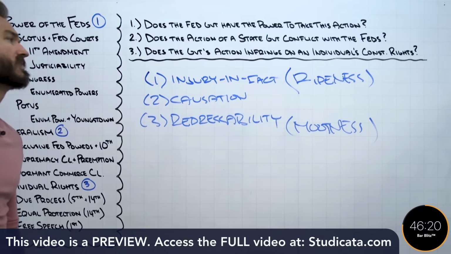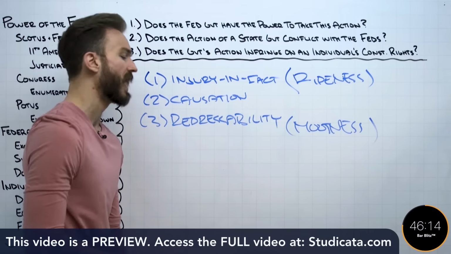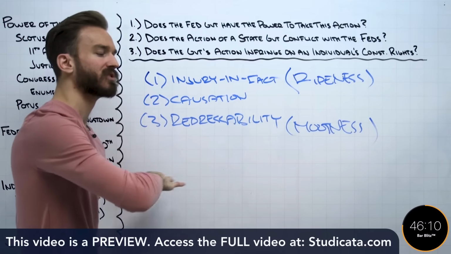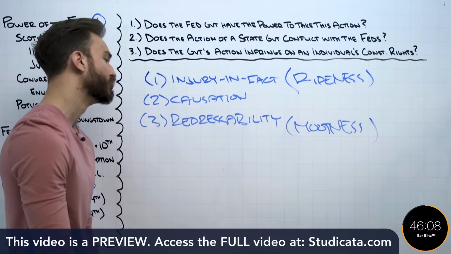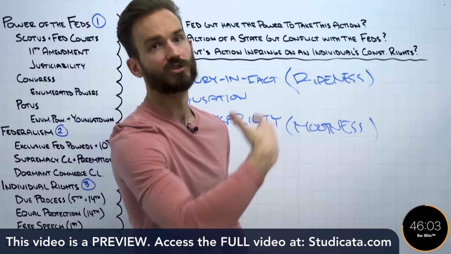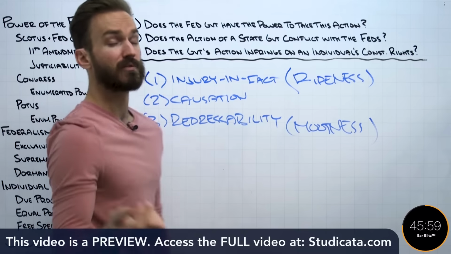Imagine that the federal government, or it doesn't matter who, some lawmaking body passes a law that says newspapers are not allowed to say anything negative about government officials. Probably a clear First Amendment violation.